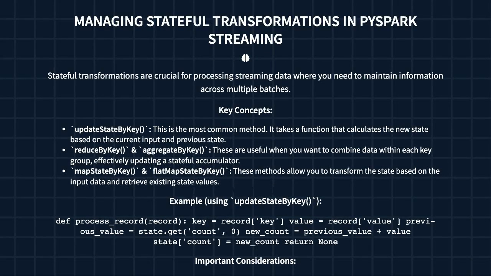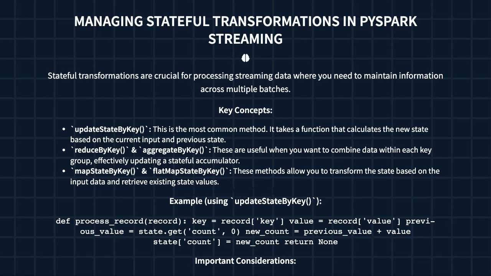Okay, let's talk about how we handle situations where our streaming data needs to remember things as it moves through the pipeline. When you're dealing with data that builds up over time, like a customer's activity or sensor readings, you often need to track information across batches. That's where stateful transformations come in. PySpark offers several ways to do this effectively.